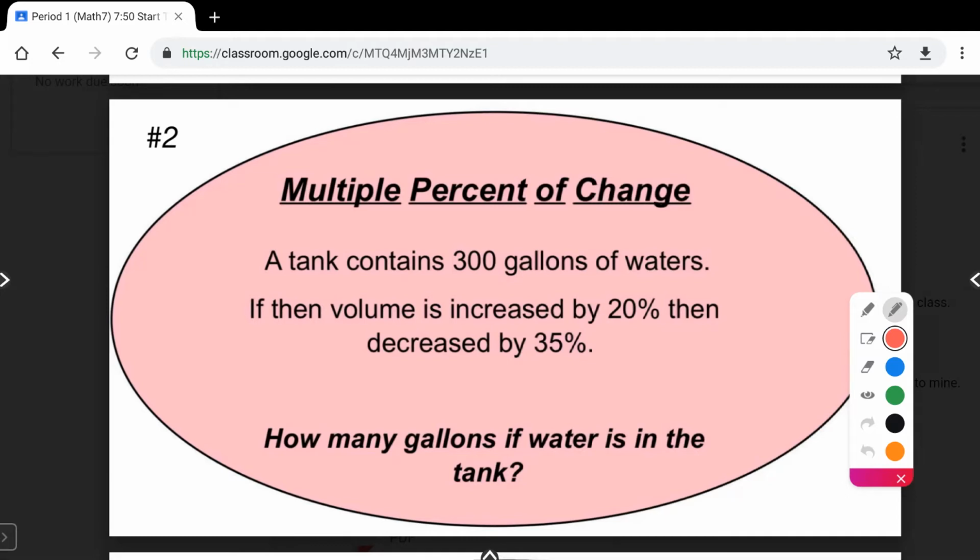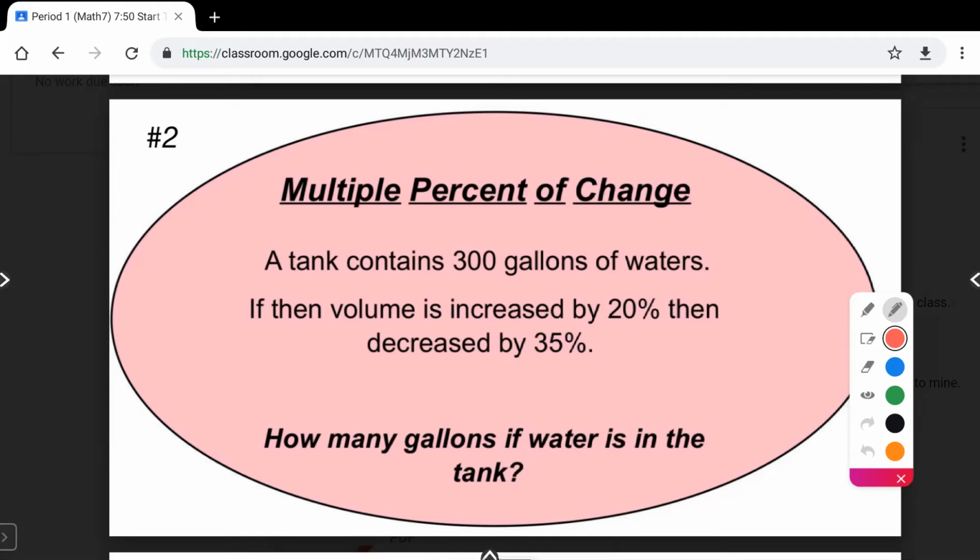That's a good point brought up by a student, but it's not correct. It's an incorrect conclusion that happens an awful lot. What you need to do is do the increase separately from the decrease. Because when you increase the 300 by 20%, obviously the number becomes bigger. Now you're decreasing 35% of the new number you have, not the 300.